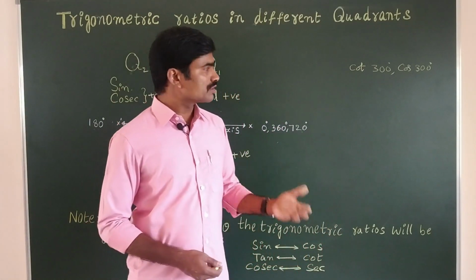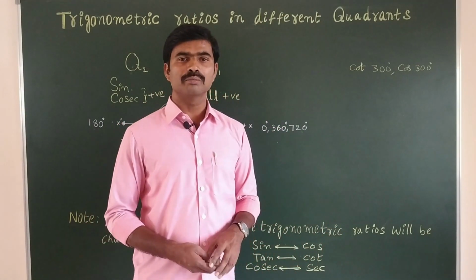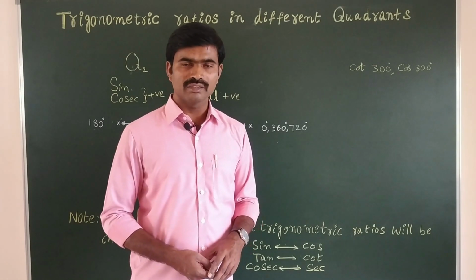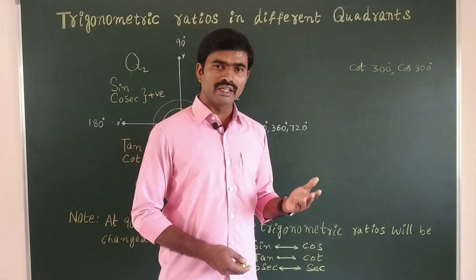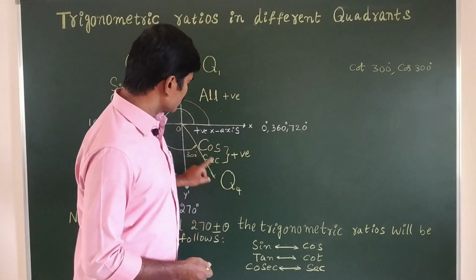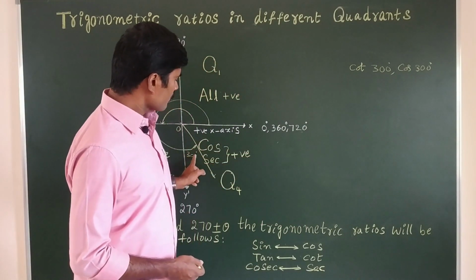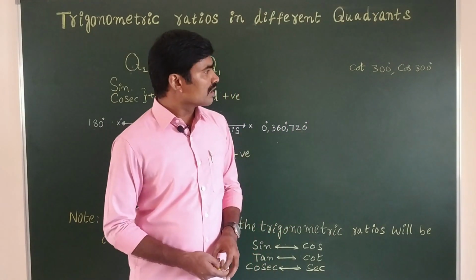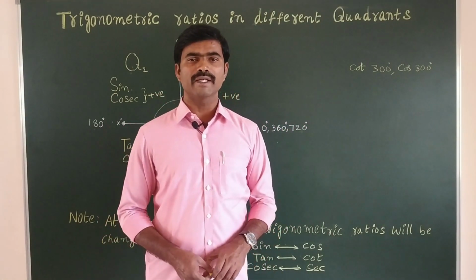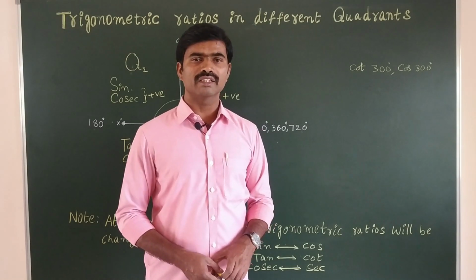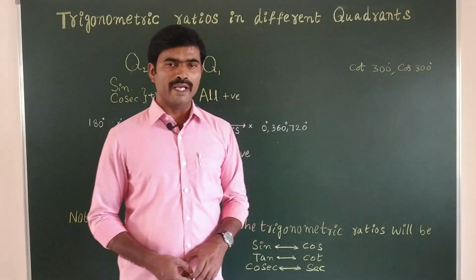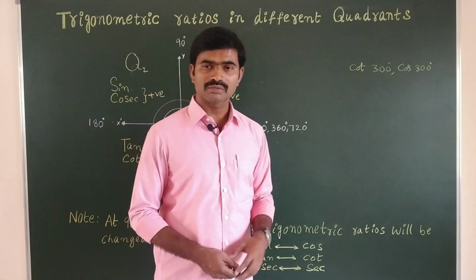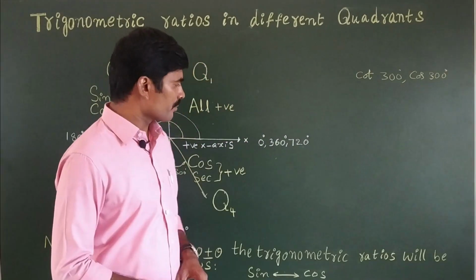So cos 270 plus 30 degrees will be changed as sin 30 degrees. And 300 lies in Q4. In Q4 cos is positive. So as it is, cos 300 degrees value is sin 30 degrees. Sin 30 value is 1 by 2. So cos 300 degrees value is 1 by 2.